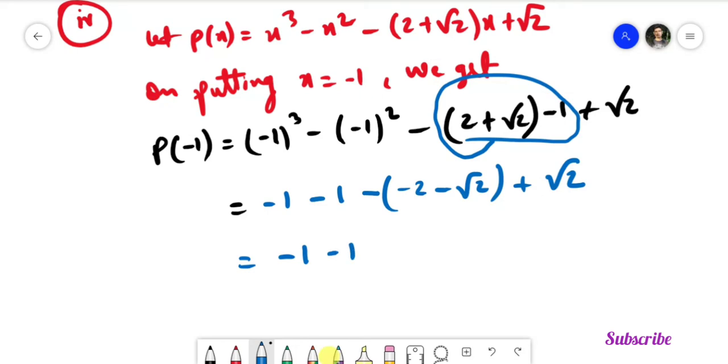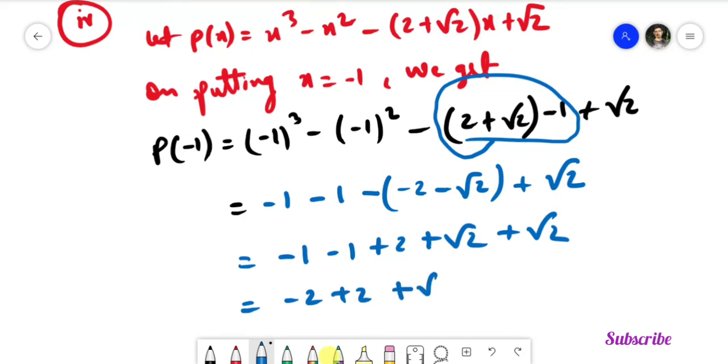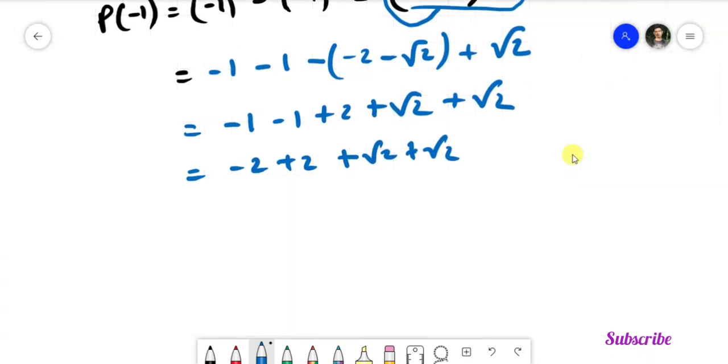So minus 1, now minus into minus will be plus 2, minus into minus will be plus root 2, and the last one will be the same, root 2. I'm just doing addition. Minus minus, it will become 0, and 2 root 2 with a plus sign.